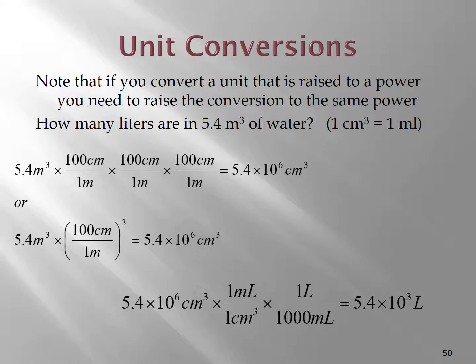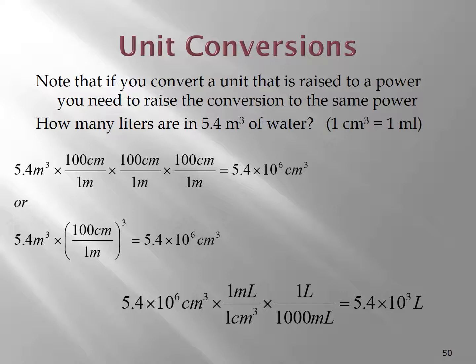The other way you could do that, you can see 5.4 meters cubed. We know that we want to convert from meters cubed to centimeters cubed. We know that 100 centimeters equals a meter, but then if we just cube that conversion factor, notice that the meters cubed will still cancel and the answer will be in centimeters cubed. So just be really careful when you have units that are squared or cubed. If you're trying to convert them, you have to convert each one of them.